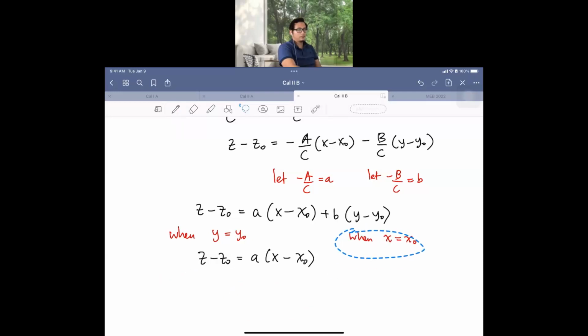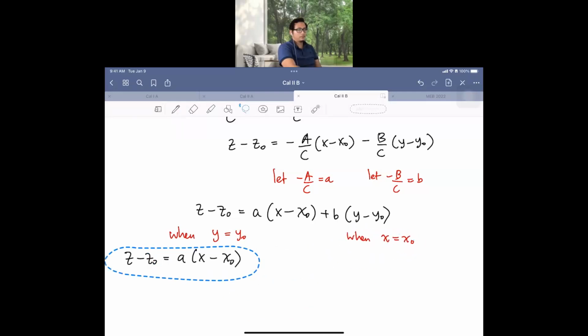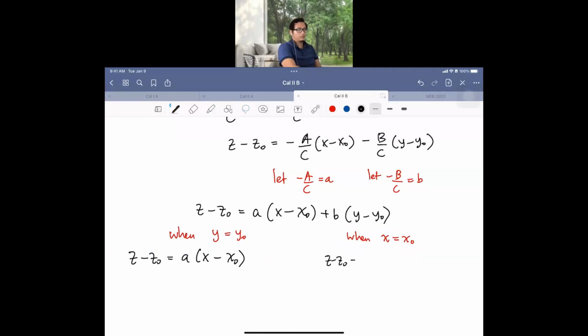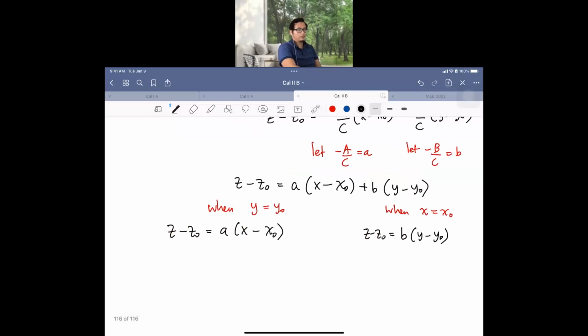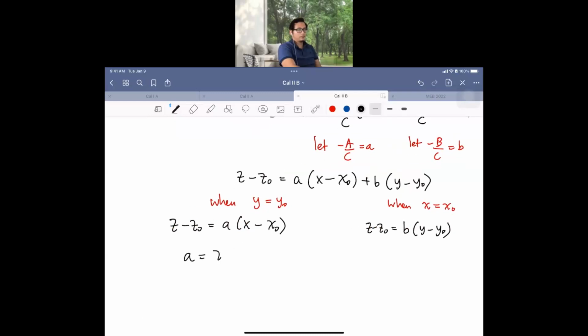The Z minus Z0 will be equal to b times y minus y0. If you remember the previous part, we are going to have one variable fixed and one variable as a variable. Now we can write down a as Z minus Z0 divided by x minus x0. Same thing vice versa with b.